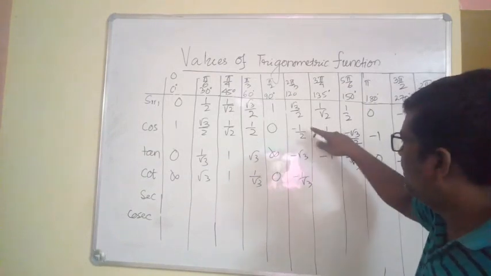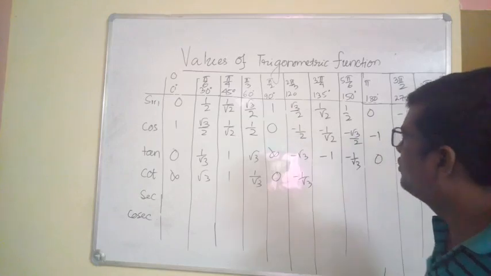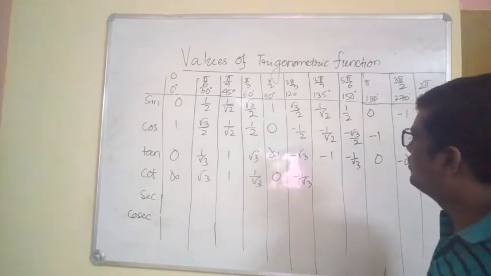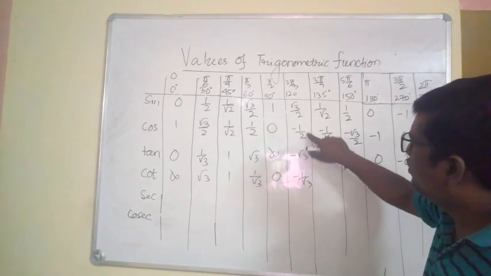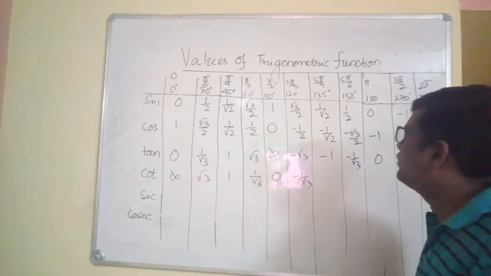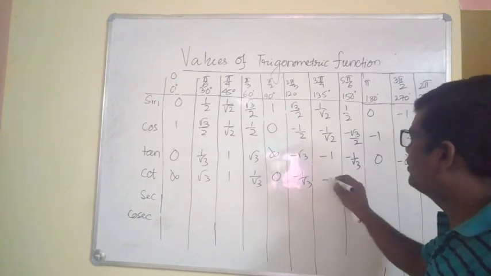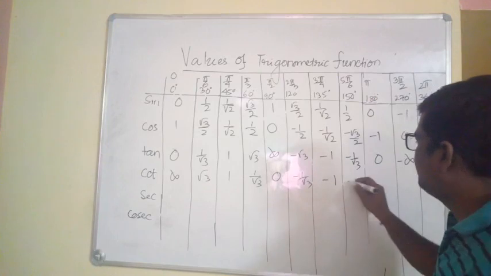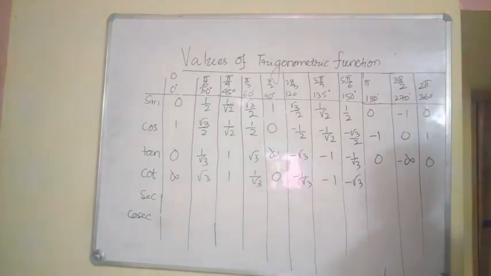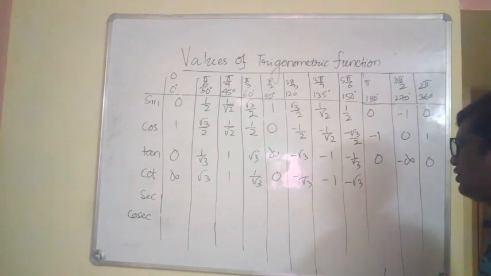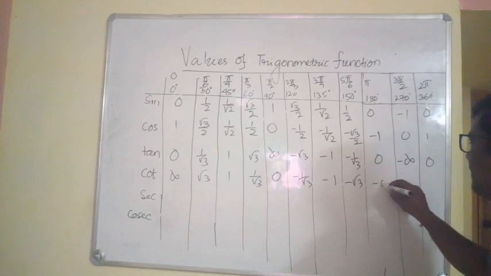This is cos by sin, minus 1 by 2 divided by root 3 by 2, this is minus 1 by root 3, and this is minus 1, and this is minus root 3, and cot 180 is infinity, right?